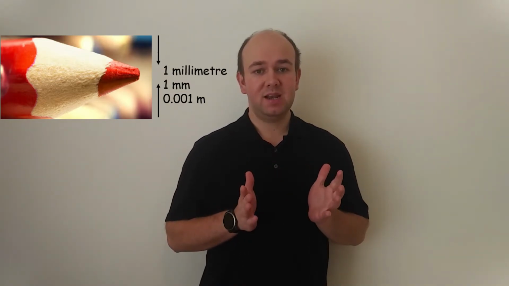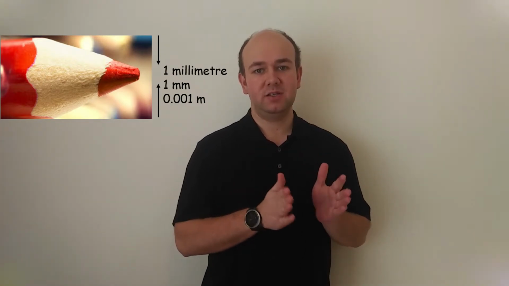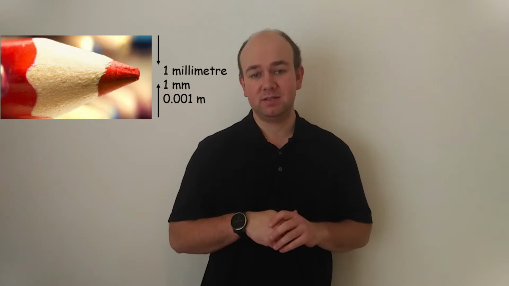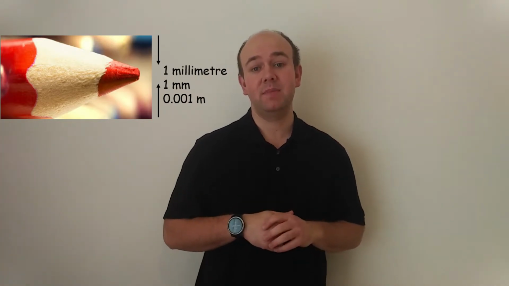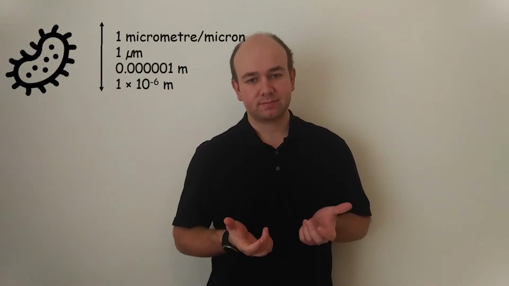So when we write a millimetre, the units come out as mm, and the first m in that case refers to the milli, which means 1,000th of, and obviously the second m is then a metre. If we continue to move down the scale, so now let's say we take 1,000th of a millimetre, we end up with a micrometre, which is sometimes called a micron.